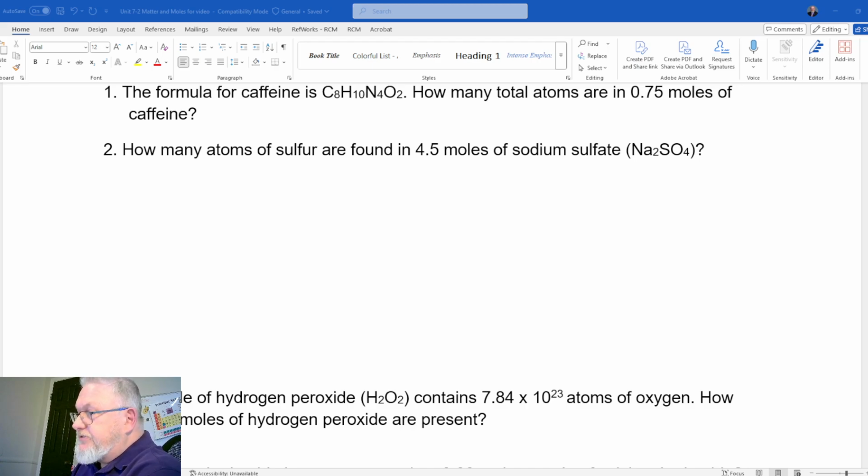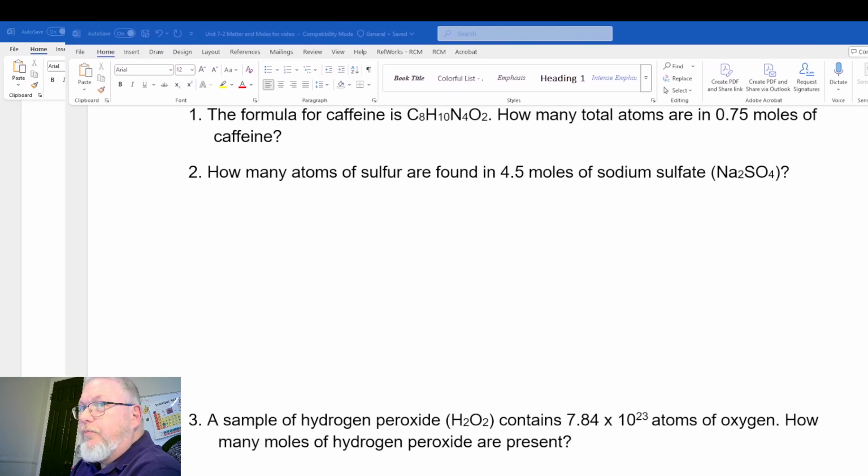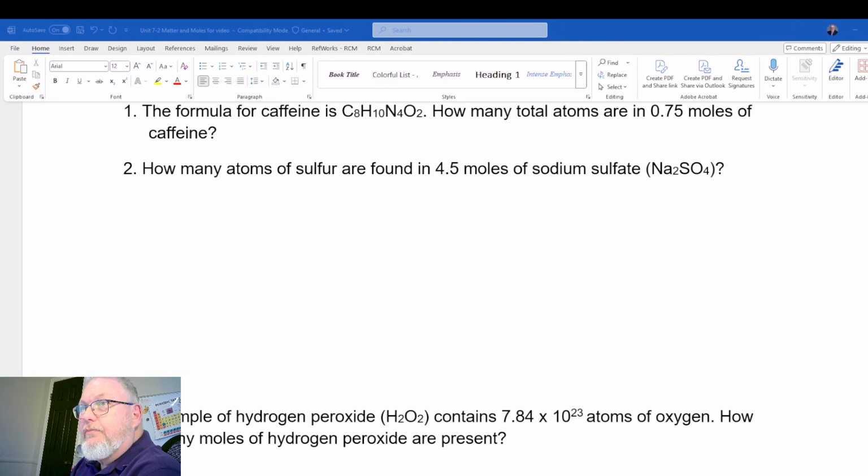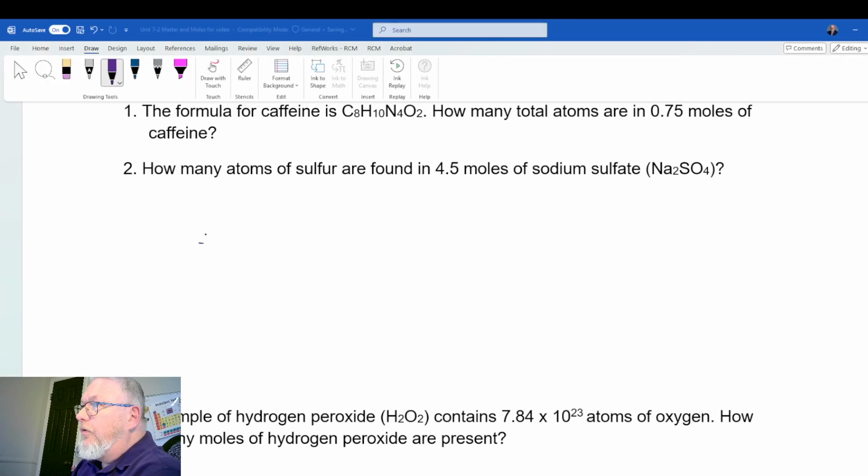So we're asking how many atoms of sulfur here. So I can really just make a quick break here. If I got 4.5 moles of sulfur, for every 1 mole of sodium sulfate, I got 1 mole of sulfur.